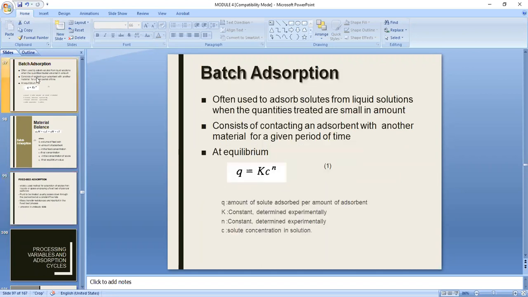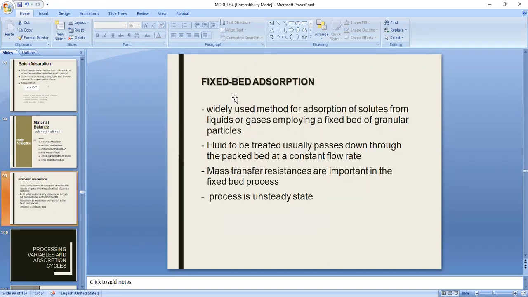So the previous equation is for batch adsorption, where the phase to be treated with the adsorbent is placed into your adsorber. This one is continuous because your fluid to be treated usually passes down through the packed bed at a constant flow rate. Mass transfer resistances are important in the fixed bed process, and the process is unsteady state.